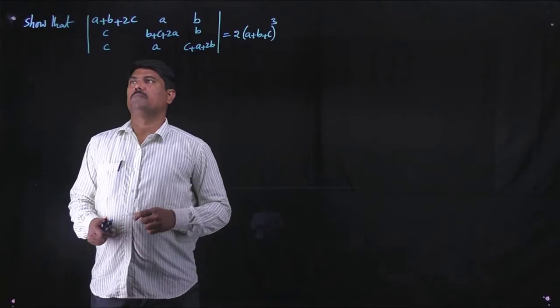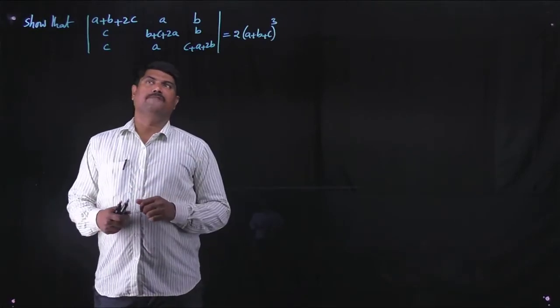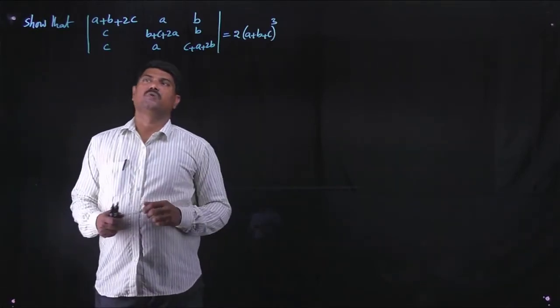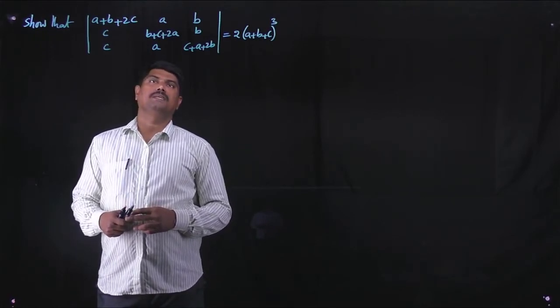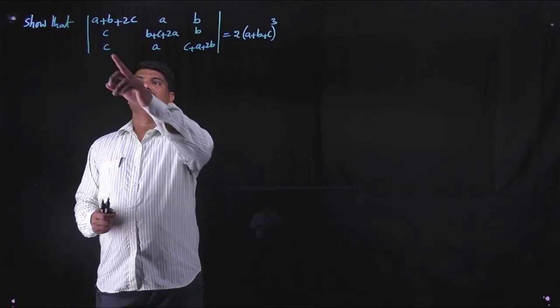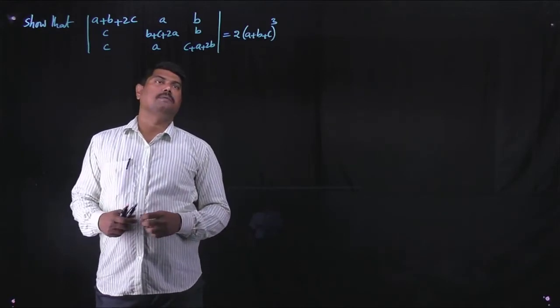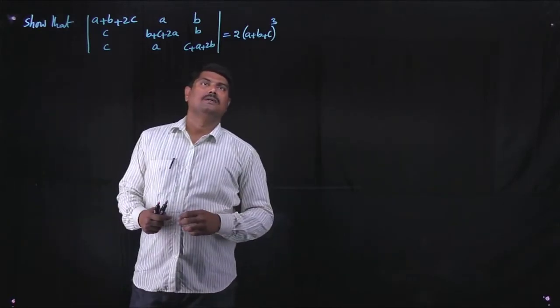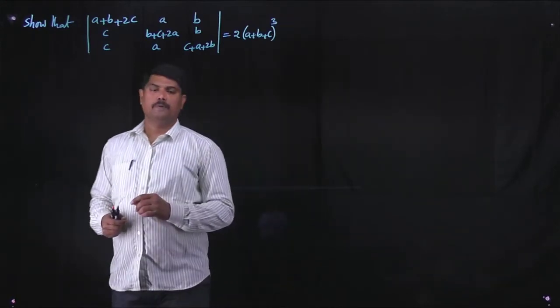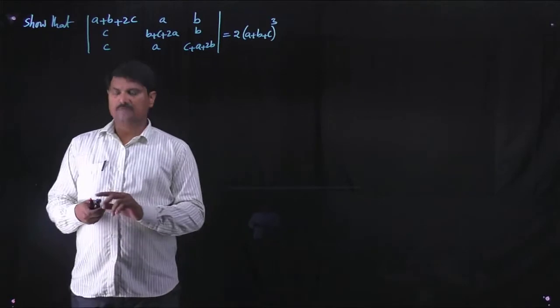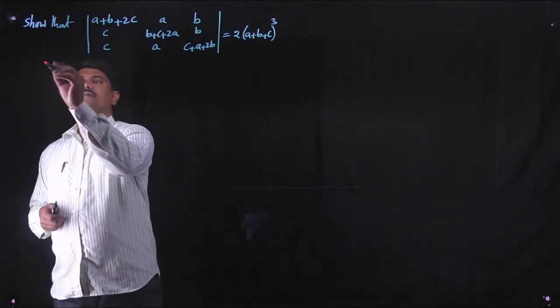Now observe this problem. We are going to verify the determinant of first row a plus b plus 2c, a, b; second row c, b plus c plus 2a, b; third row c, a, c plus a plus 2b, as 2 times a plus b plus c whole cube. So this is the problem we are going to solve. Now observe the answer.